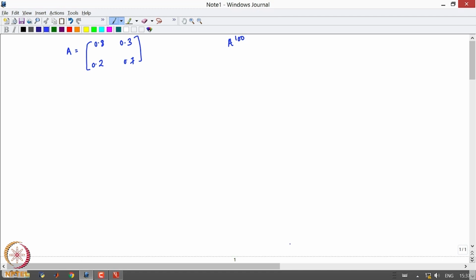This has eigenvalues lambda equal to 1 and lambda equal to 1/2, and the corresponding eigenvectors are (0.6, 0.4) and (1, -1).